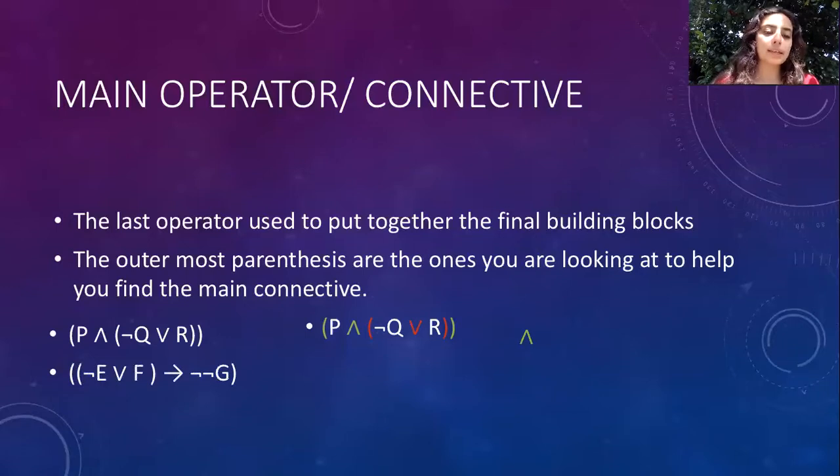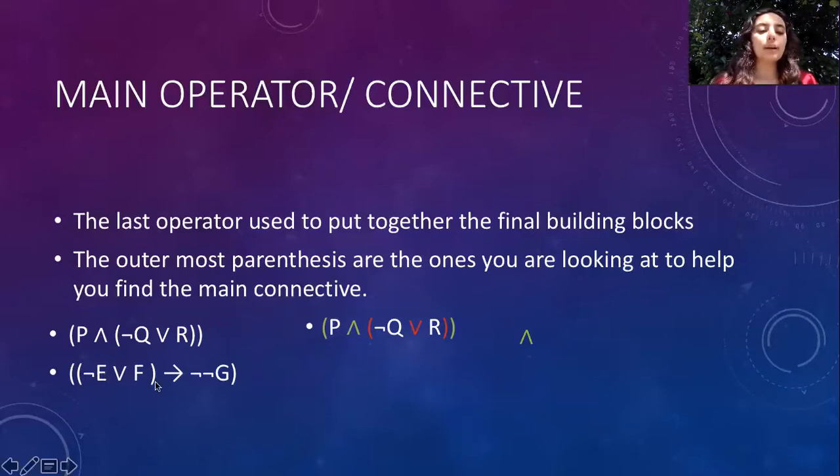Okay, what about this example? What is the main operator here? Don't get confused, don't worry. Even if I have a double negation, it doesn't matter. This is still part of the identity for G. And also we designate this negation just for E, and then this disjunction is within these parentheses, so we don't worry about that either.